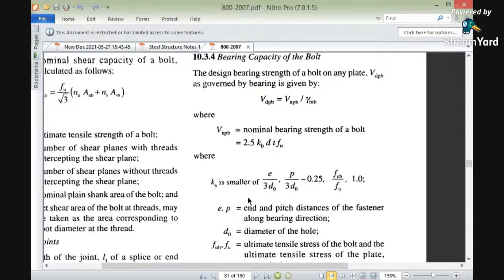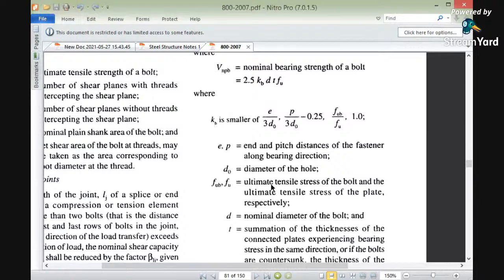So e is the end distance, p is the pitch distance, d0 is the diameter of the hole, f_ub is the ultimate tensile stress of the bolt. And what is f_u? The ultimate tensile stress of the plate. One is the bolt, the other is the plate. So it is the ultimate tensile stress of the bolt divided by the ultimate tensile stress of the plate. The upper one is the bolt and the lower one is the plate. f_u is the plate.